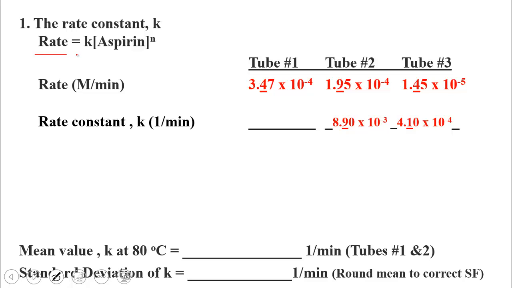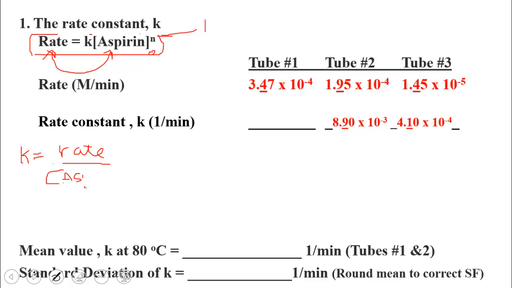Now, here is our rate law. We now know what the reaction order is. It's 1. We know the rate, and we know the concentration of aspirin initially in all of these trials. So in order to find the rate constant, it's just going to be equal to the reaction rate divided by the initial concentration of aspirin in the test tube.